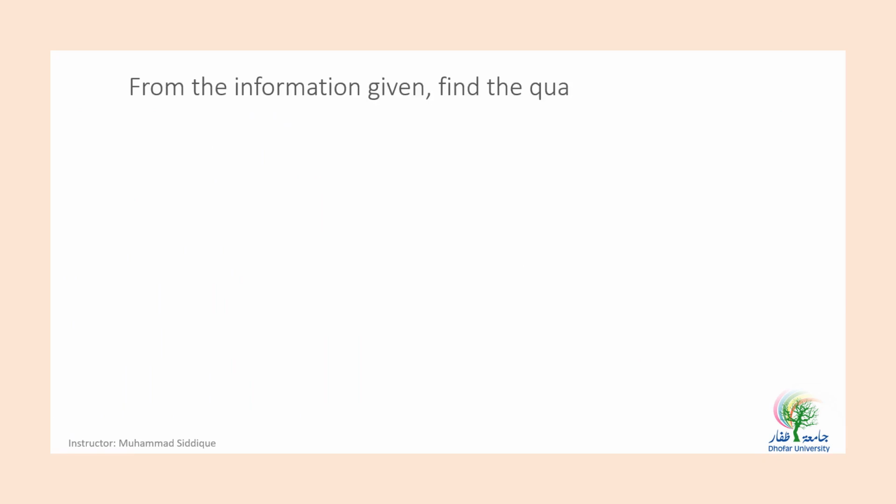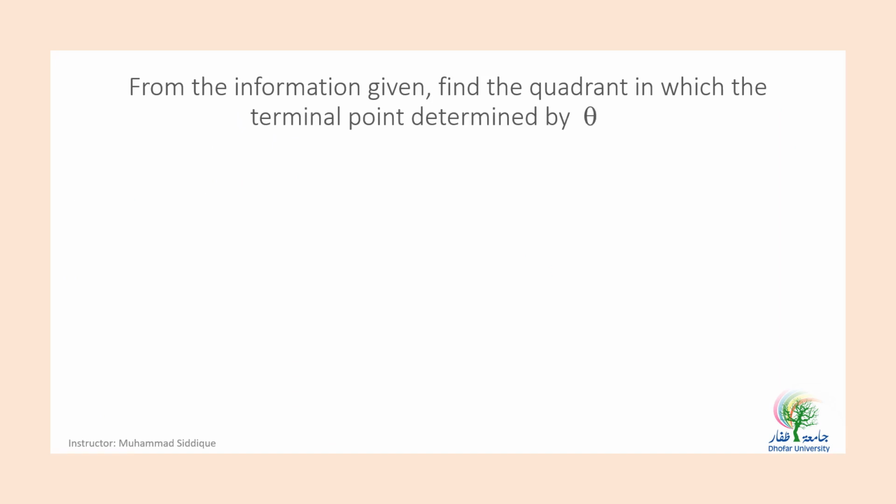From the information given, find the quadrant in which the terminal point determined by theta lies. Sometimes they give tangent greater than 0, meaning tangent positive, and sine less than 0, meaning sine negative. In which quadrant?